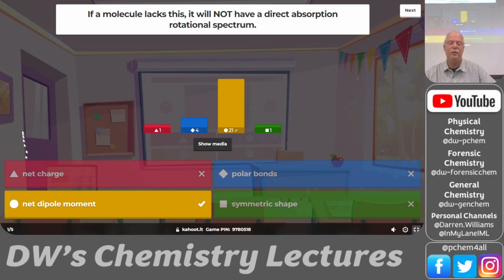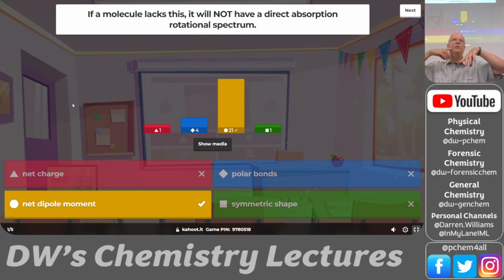Yes, net dipole moment. Okay, what does it mean by net dipole moment? Yeah, the whole molecule. So like ammonia. Ammonia, each little bond is polar, and it has a net dipole moment. The nitrogen with the lone pairs is negative, and the three hydrogens are down at the bottom.